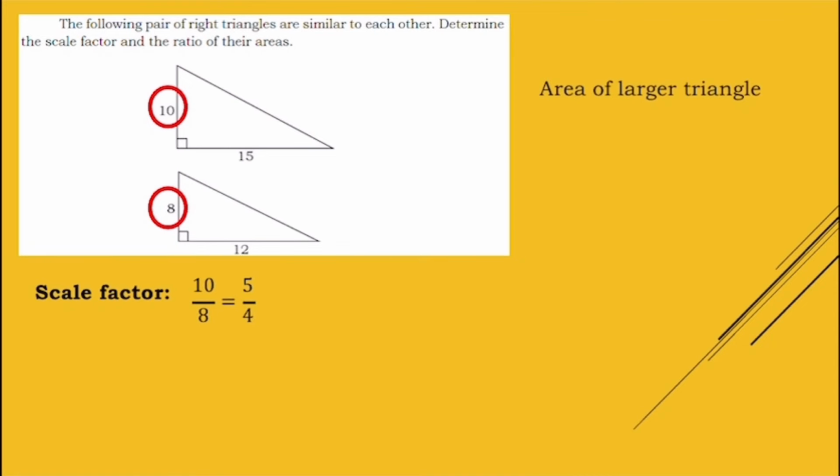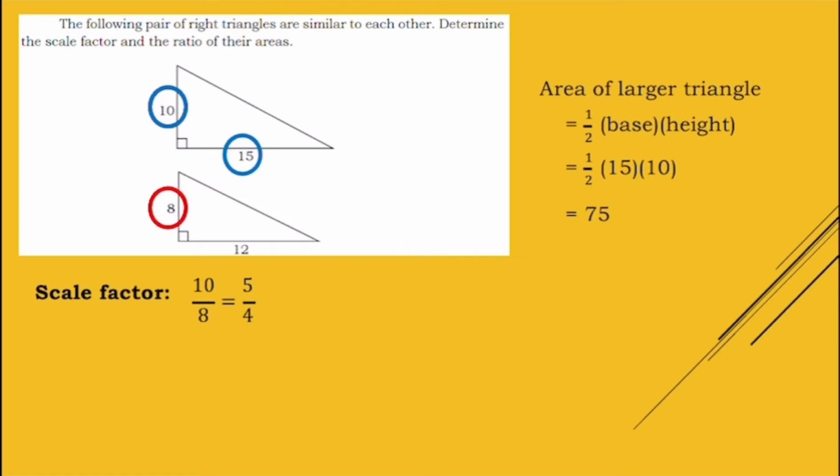Again, in finding the area of a triangle, it is equal to 1/2 times base times height. The base in our larger triangle is 15, and the height is 10. So we will have 1/2 times 15 times 10. So 1 times 15 times 10 divided by 2, we will get 75.